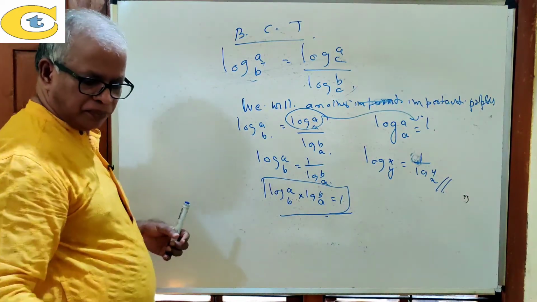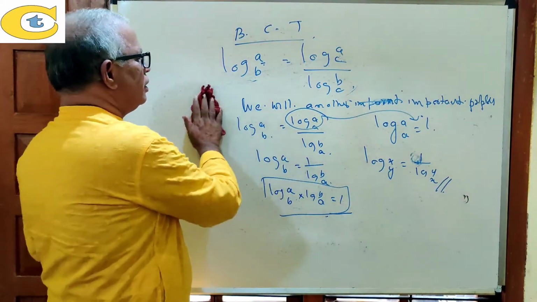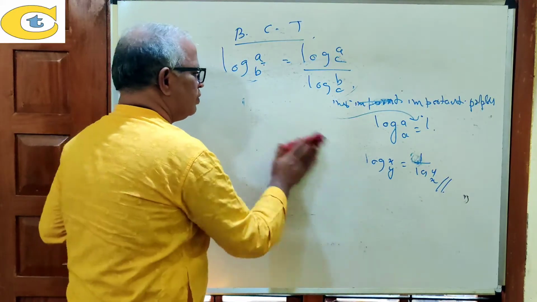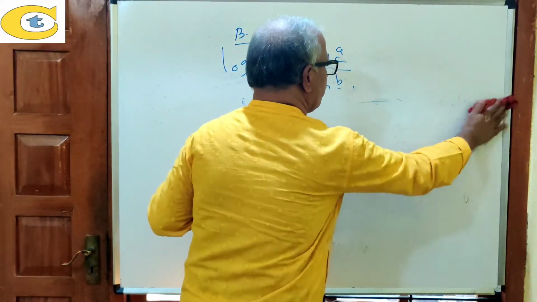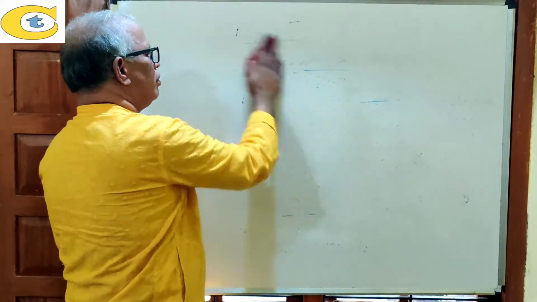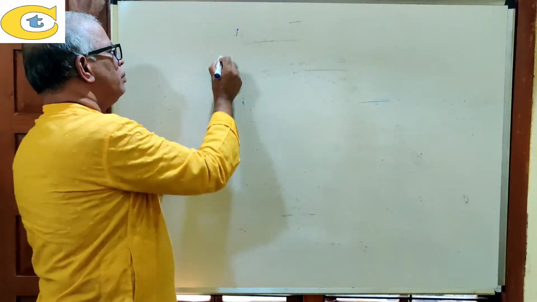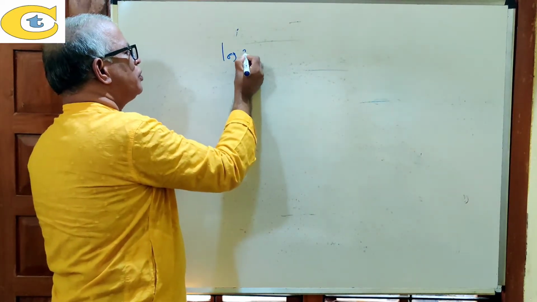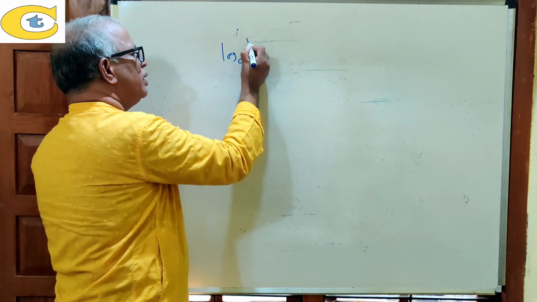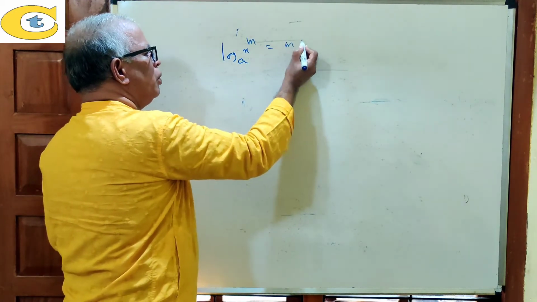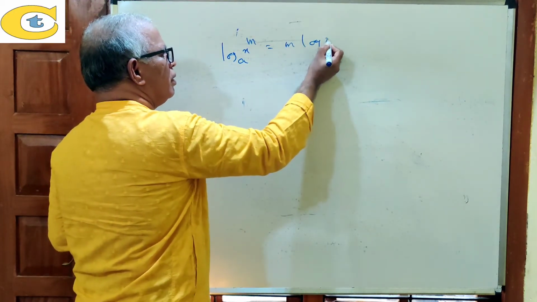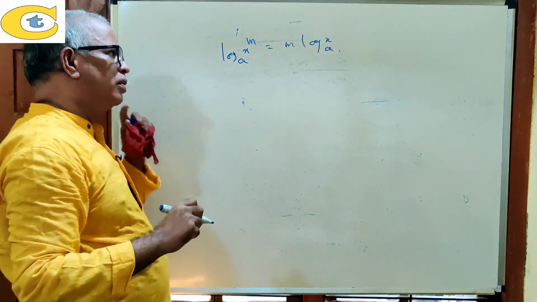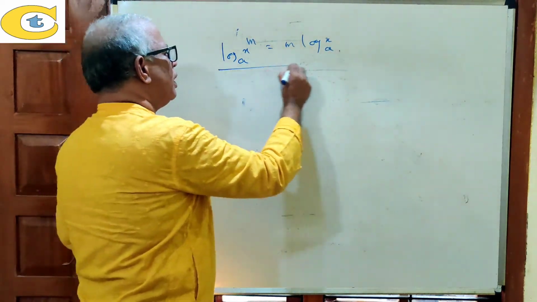And you see, we have learned one rule. What is the rule? Logarithm of x raised to m to the base a is equal to m into logarithm of x to the base a. Now we will find out what will happen.